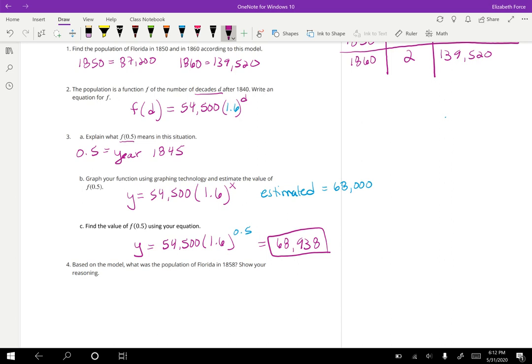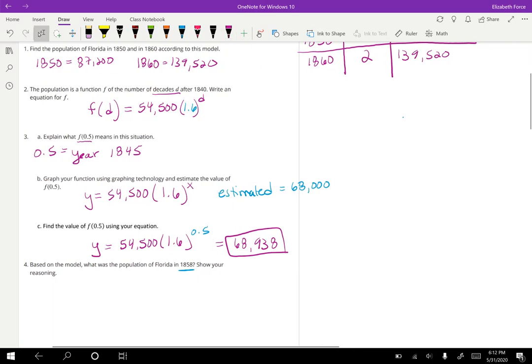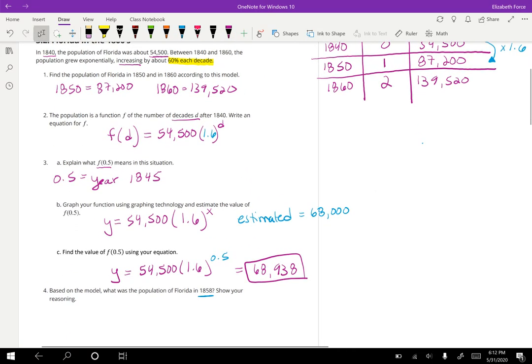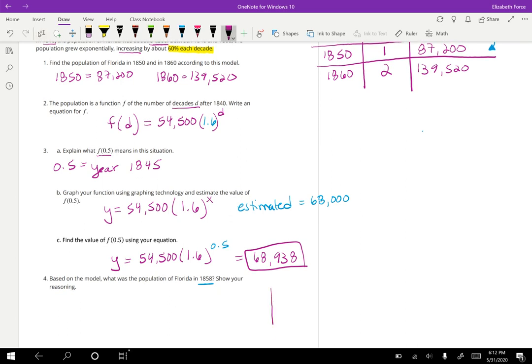Based on the model, what was the population of Florida in 1858? 1858. Well, let's think about this. If 1850 is an input value of 1, right?